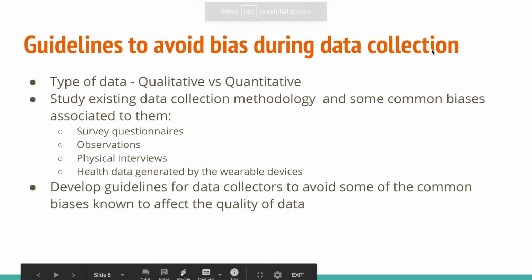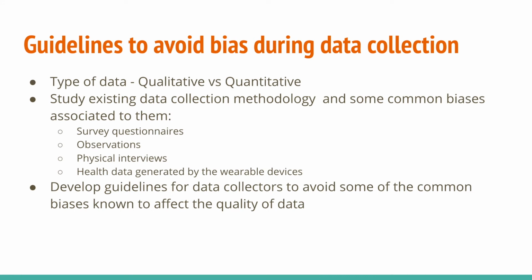One of the ways to avoid bias in healthcare data is by preparing guidelines that can be used during the data collection process. For this, we will study different types of data, like qualitative versus quantitative data, which type of data is more prone to bias, and what some of the common biases and ways to avoid them are.